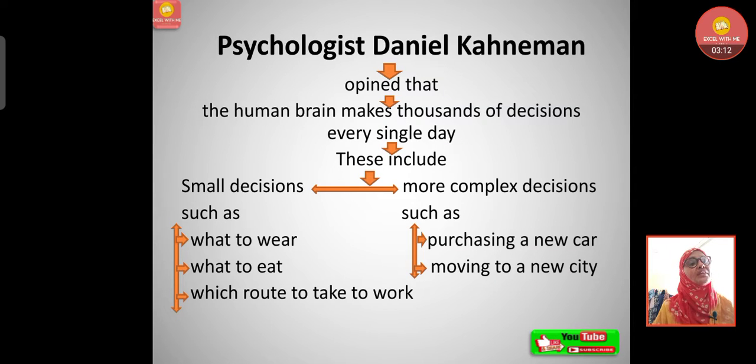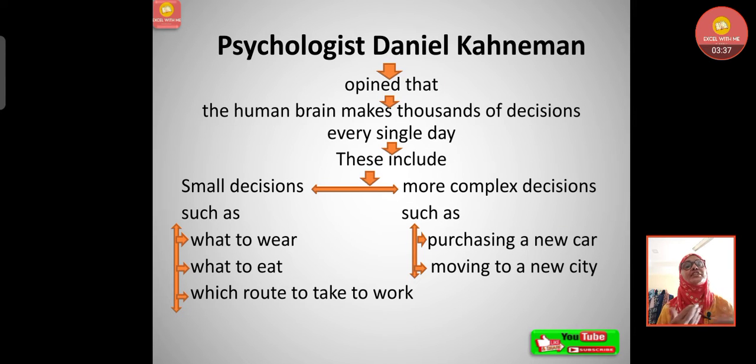Even for school children, there are decisions: to do the homework, what things you have to do when you go to school, what could be our class work. And for teachers, what to teach. For doctors, how to treat the patients. Lawyers, how to win the cases.